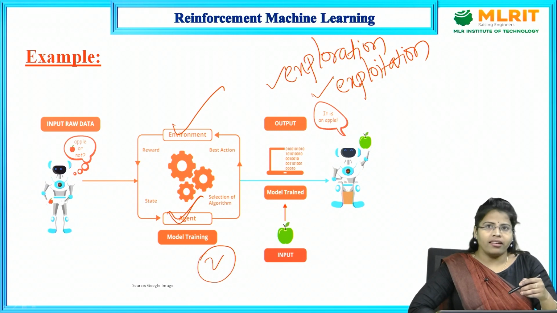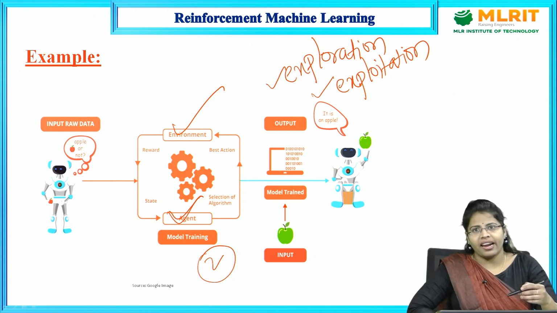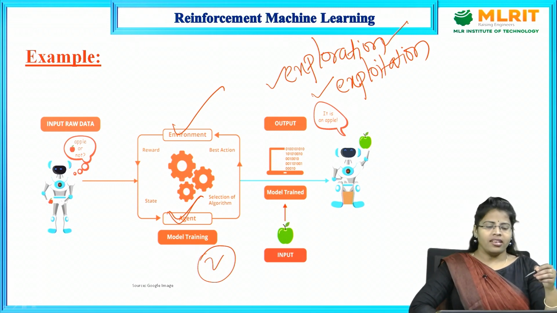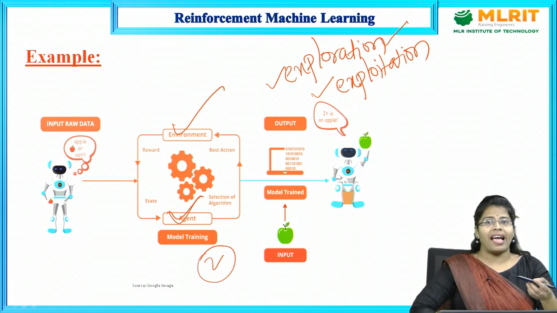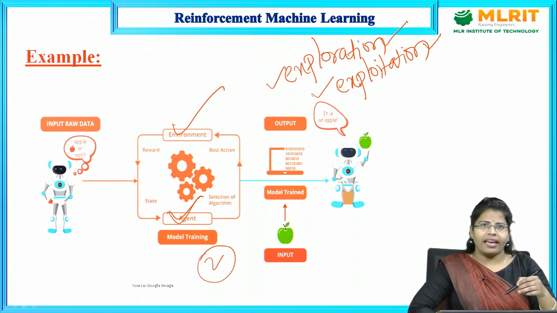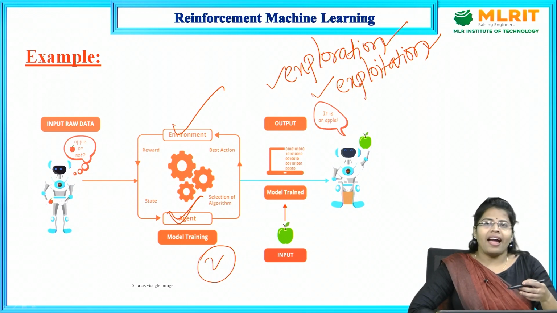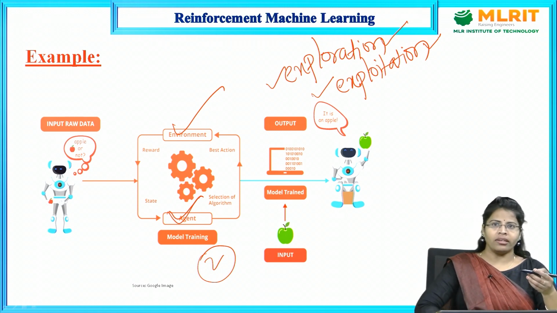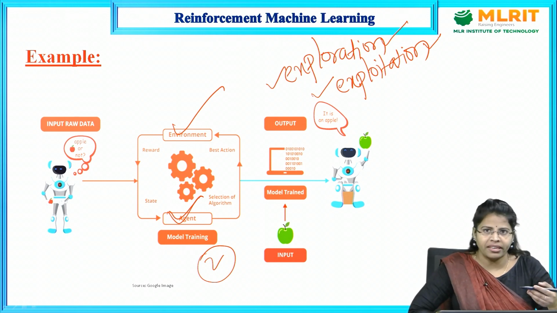Whenever the learning agent acts on a trial and error basis, that is exploration. Whenever the learning agent acts based upon the environment, then it is known as exploitation. That's how the learning agent works, and it gets rewards from the environment for the correct actions. That's how it is going to train with the help of reinforcement training.